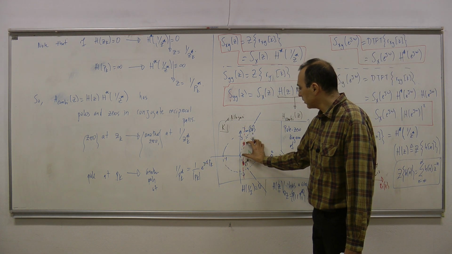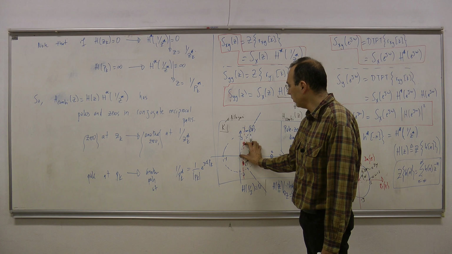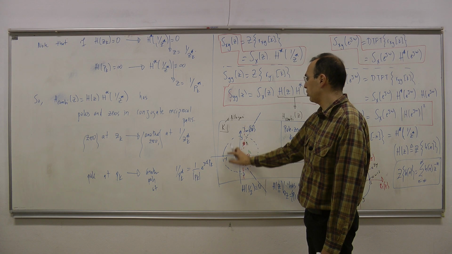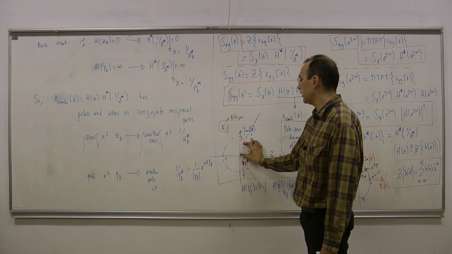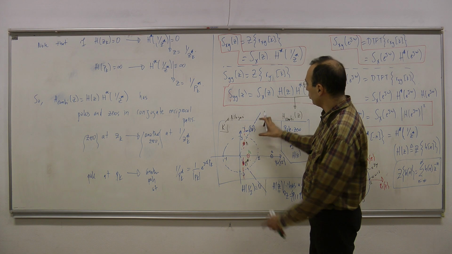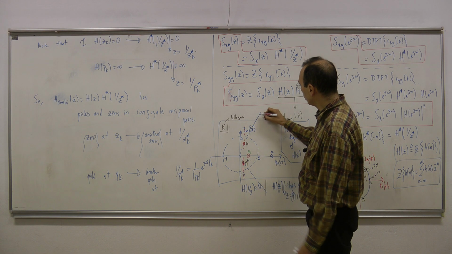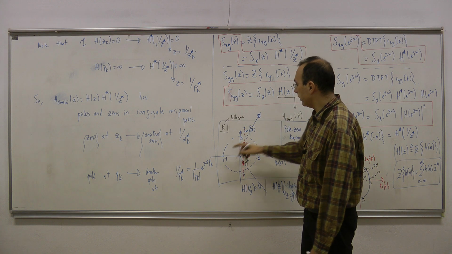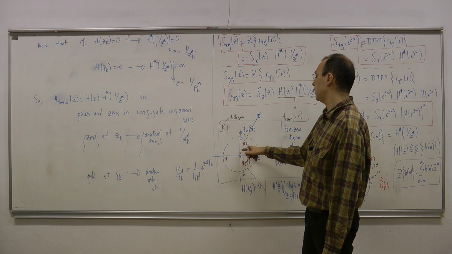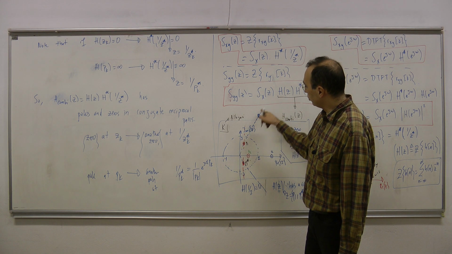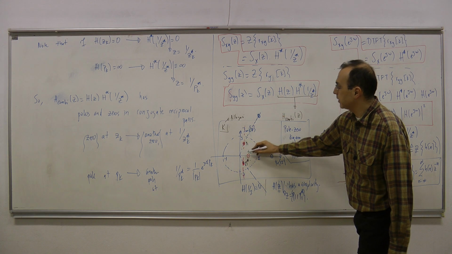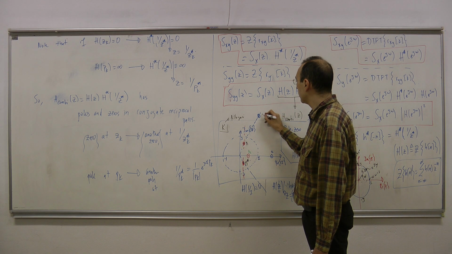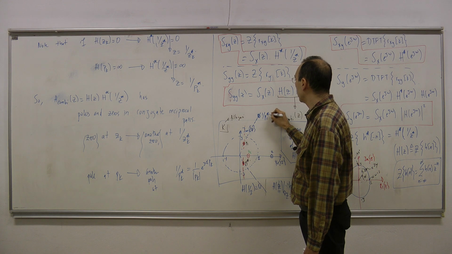So this is the magnitude of this P1, which is inside the unit circle, so the magnitude is less than 1. So 1 over magnitude is outside of the unit circle, but it is radially on the same line. So it has the same angle.